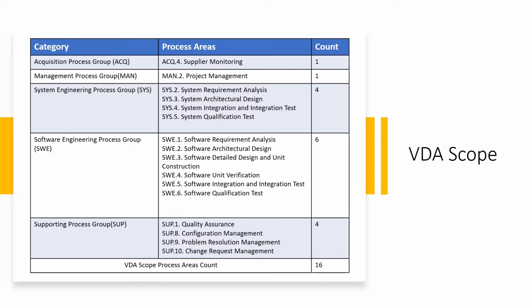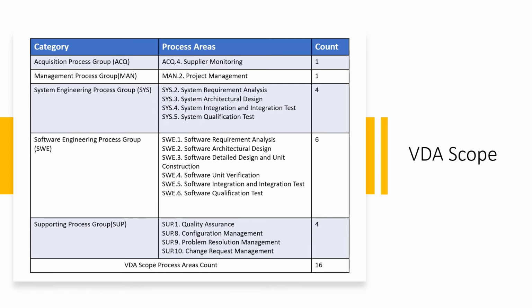From the software engineering process group we have 6 together: SWE1 software requirement analysis, SWE2 software architectural design, SWE3 software detailed design and unit construction, SWE4 software unit verification, SWE5 software integration and integration testing, and SWE6 software qualification tests.